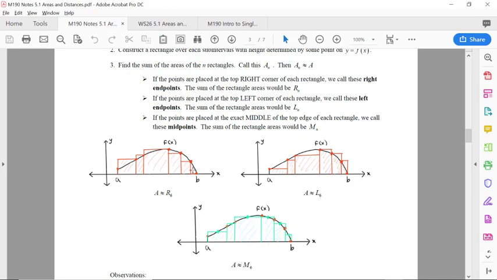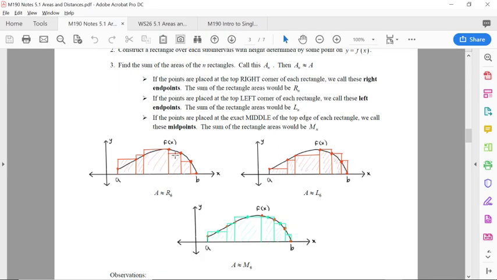Does that mean that the right endpoint will always give us an overestimate? Look at these three rectangles here. We are still using right endpoints here, but the function is decreasing over this portion. For a decreasing function, given right endpoints, we will get an underestimate. So if the function is partly increasing and partly decreasing, we can expect a balance and a cancellation of some of the overestimates and underestimates from a right endpoint.